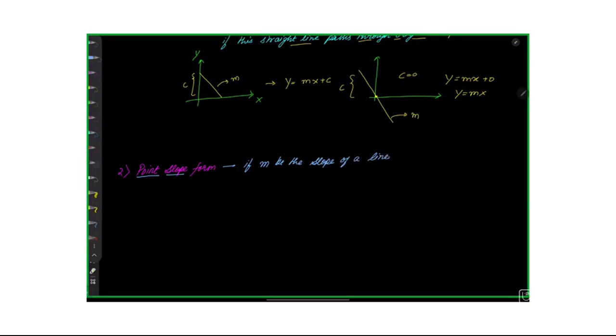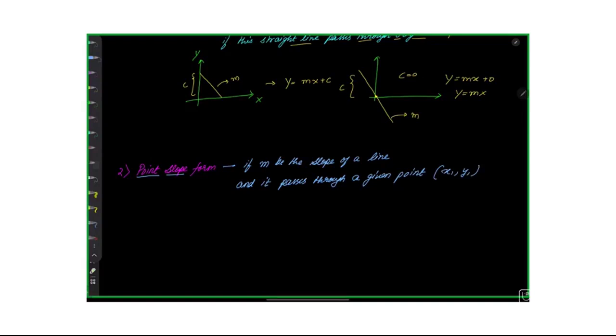and it passes through a given point x1 comma y1, right?